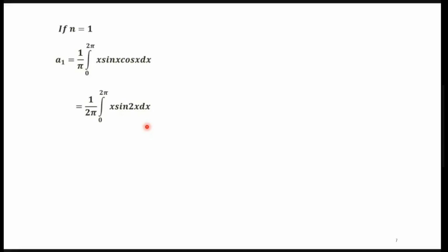Because the answer which we have got for an is not true for n equal to 1. So इसीलिए n equal to 1 we are calculating separately a1. Just tell me what is the value of a1 after integrating u into v apply करने के बाद. Apply the upper limit, lower limit and tell me what will be the answer.